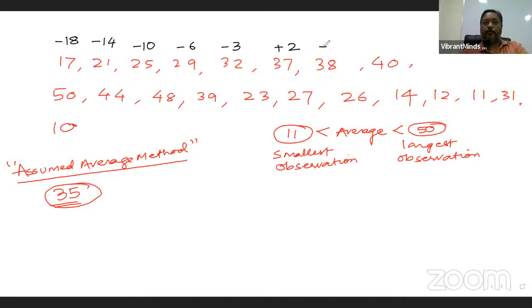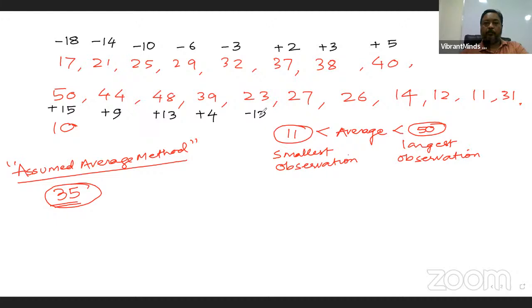Plus 2. Plus 3. Plus 5. Then we have plus 15. Then we have plus 9. Plus 13. Plus 4.